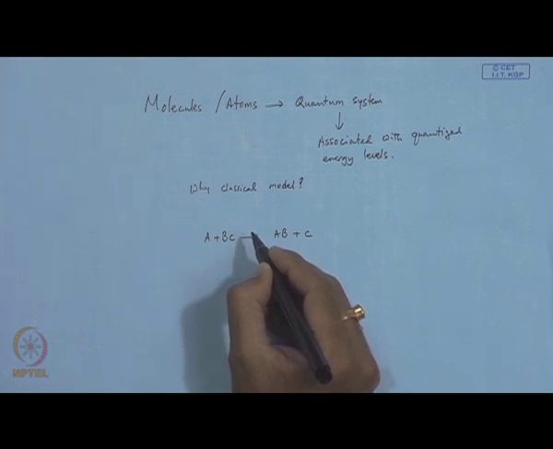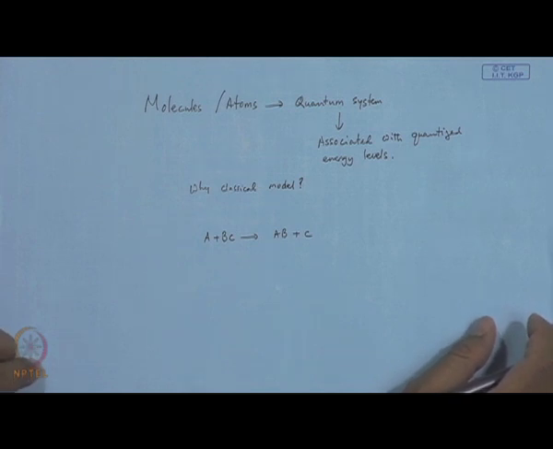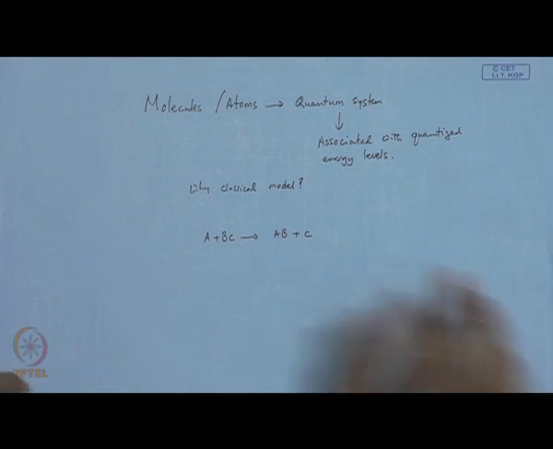So, that is called reactive scattering. Now, when it is the question of a crossed beam experiment, that is to find out the flux, that is the angular distribution.